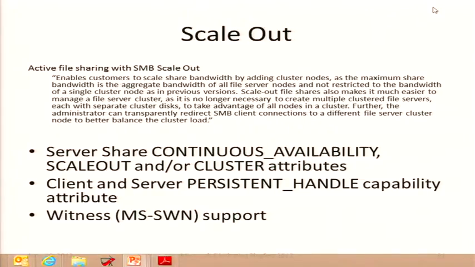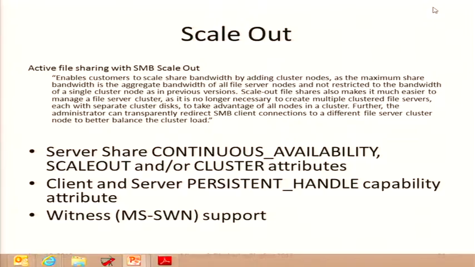They are sort of the keys that the server will expose to indicate that it supports these scale out features in various different ways. Clients and servers, when they access these types of servers, are going to expect persistent handles, right?